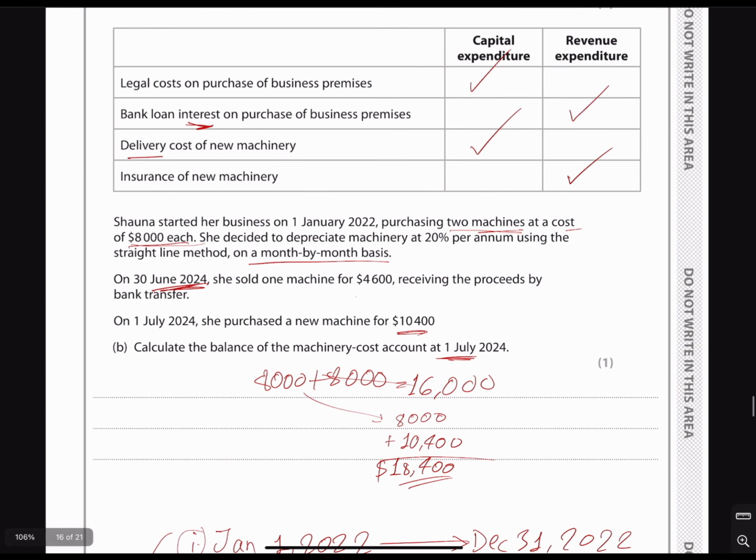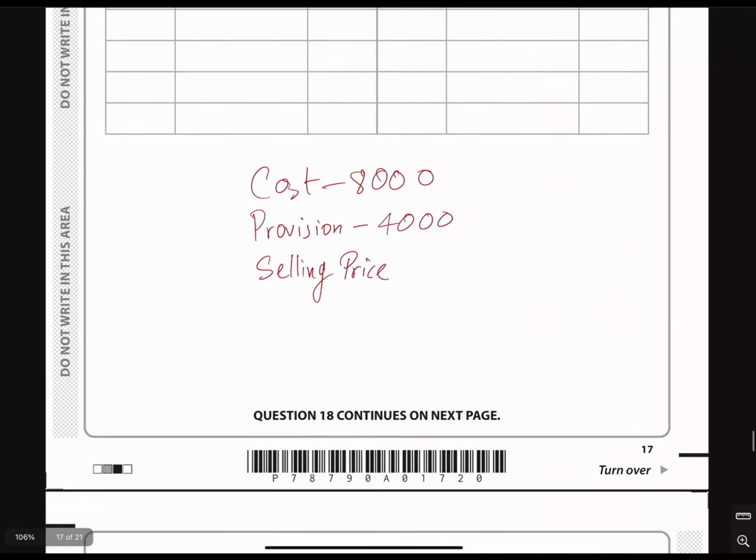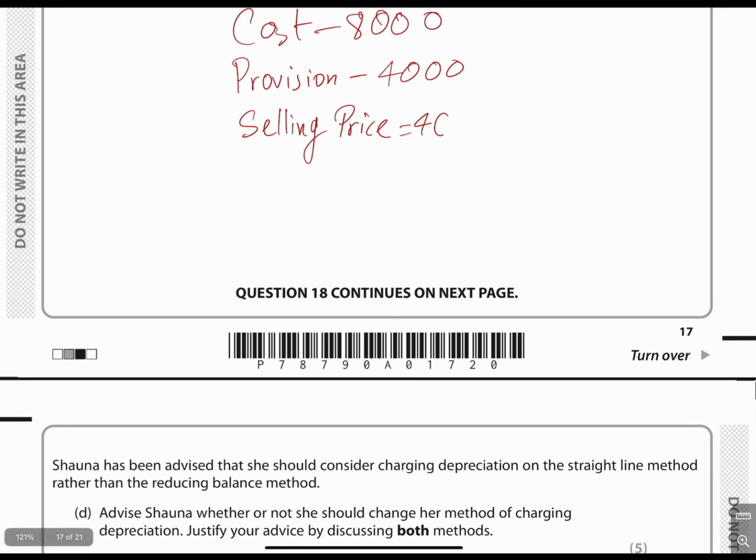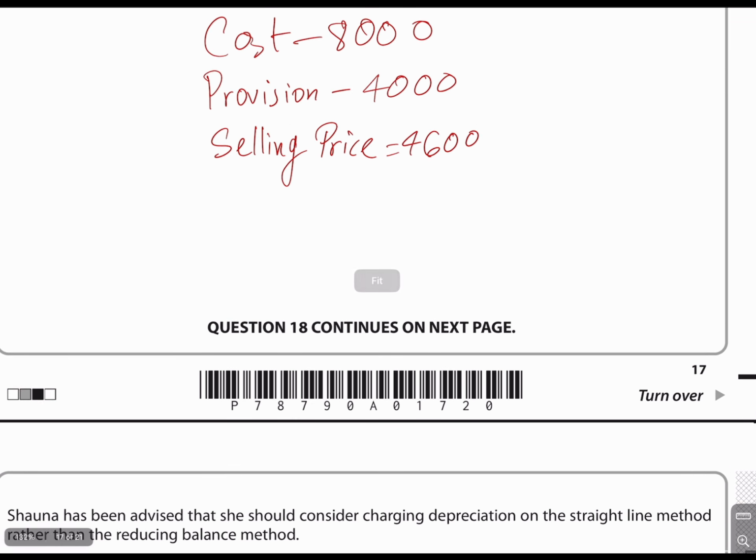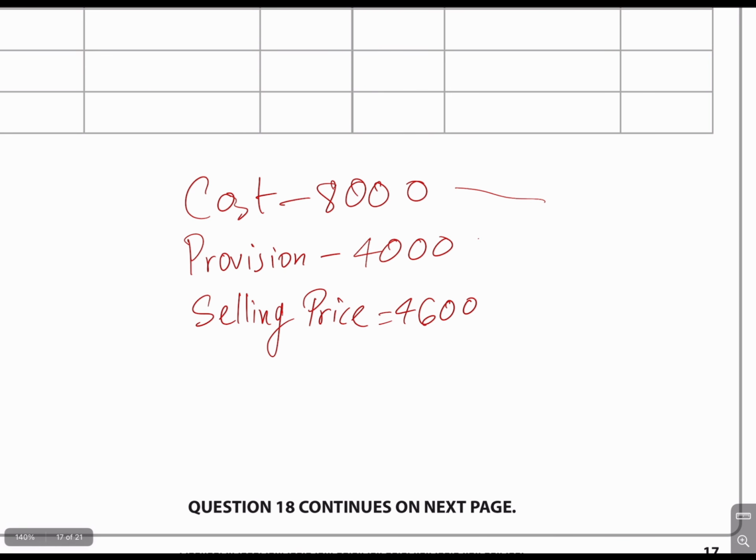Selling price is 4,600. And so how much is carrying value? How we can also find the gain or loss. Carrying value is 4,000. Asset is sold at 4,600. The 600 was profit. So we can easily do the disposal account.